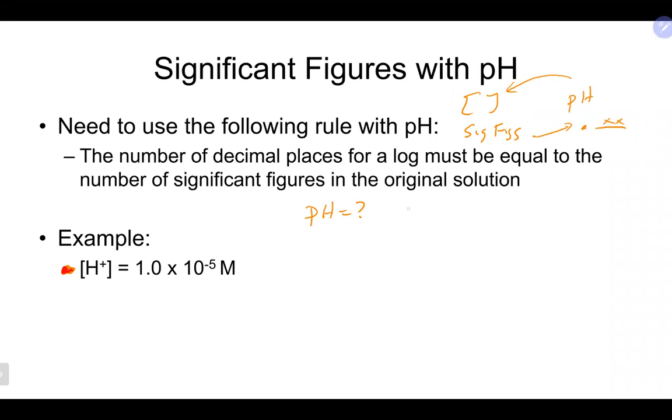All right, so pH here will equal minus the log of 1 times 10 to the minus 5, which means when you put it into your calculator, you should get a pH of 5.